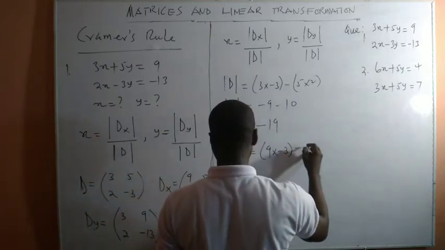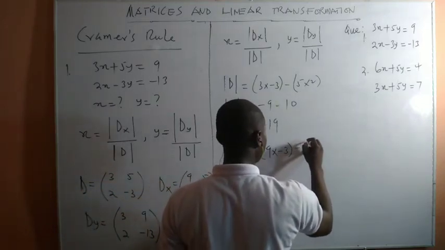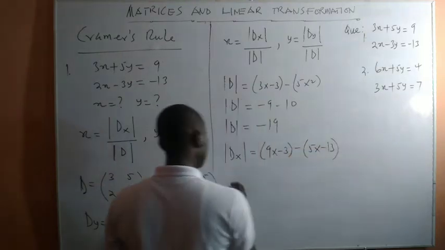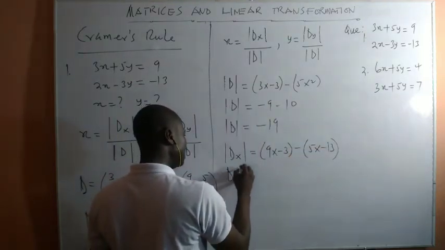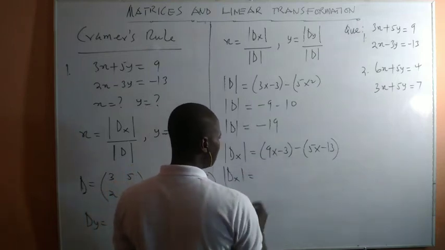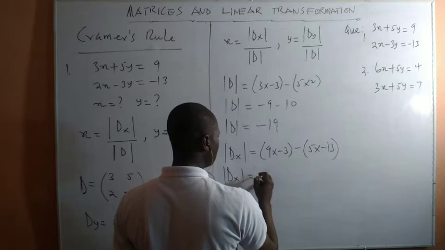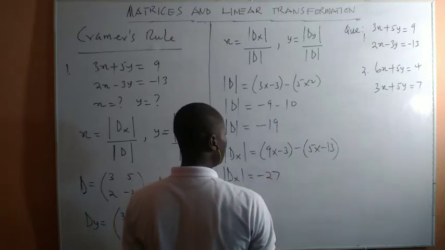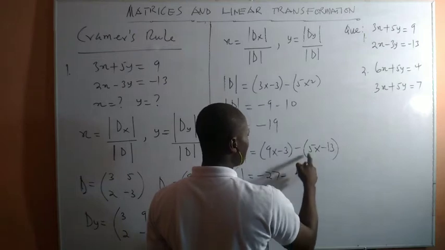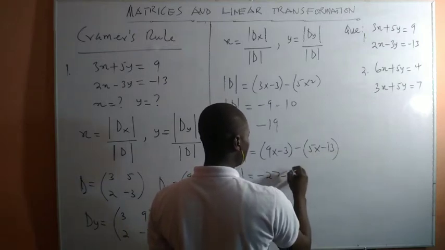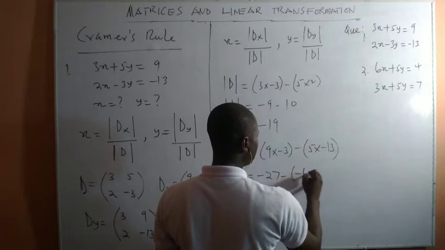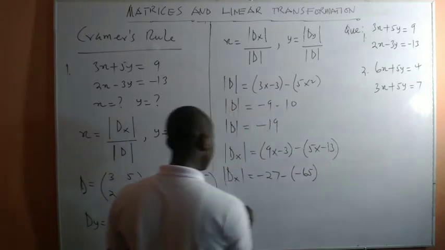So the determinant of the x matrix will be equal to 9 times minus 3, which gives us minus 27, then minus, don't forget, 5 times minus 13, which is minus 65 in the bracket.